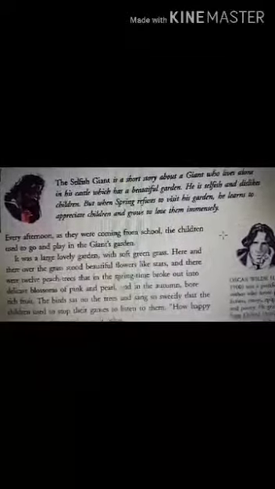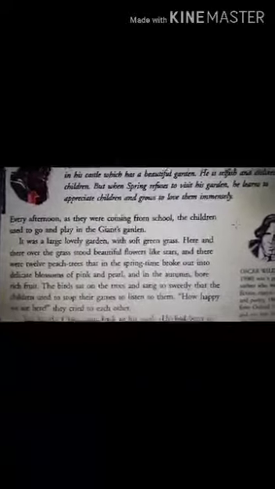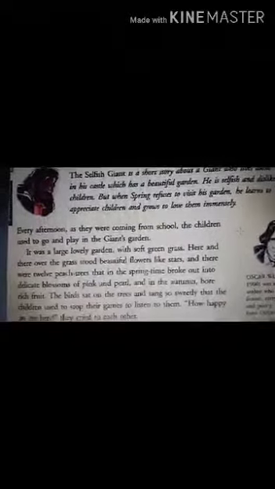The children were disturbing him when they were playing. So this you will read in this chapter, what happened when the giant allowed them to play in his garden. So here is a story, and this story is written by Oscar Wilde.